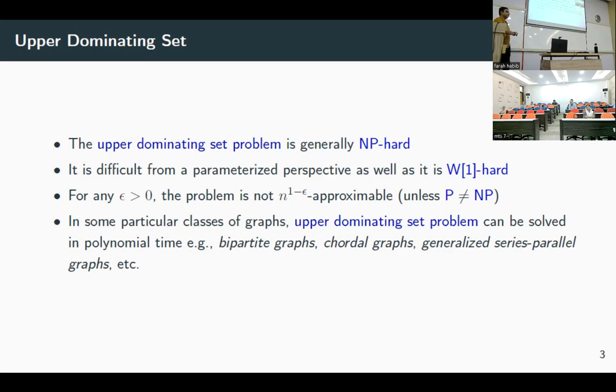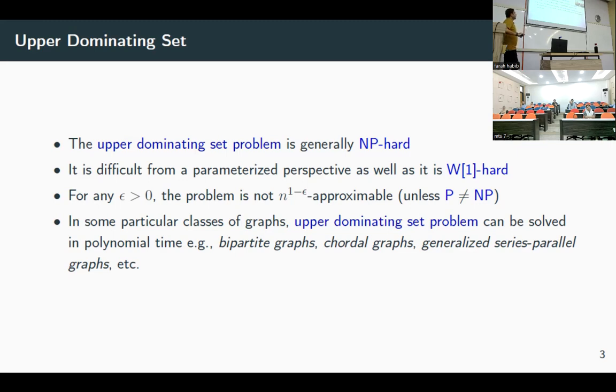So this problem, the upper dominating set problem, is hard from the point of view of approximation unless P equals NP. And this is usually the case with most NP-hard problems: unless P equals NP, we cannot approximate. This problem has another side, which is that it is easier to compute in some classes of graphs.